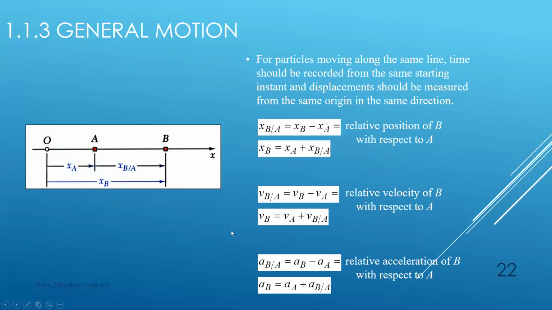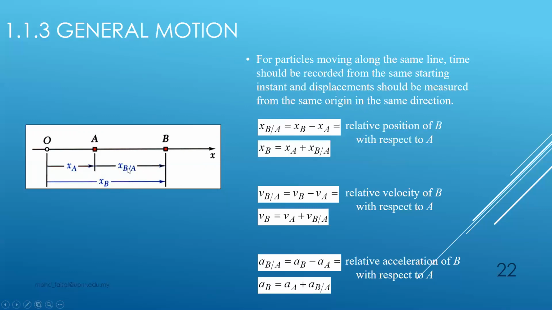For particles moving along the same line, time should be recorded from the same starting instant, and displacement should be measured from the same origin in the same direction. Referring to this on the left, where you start at point O, then move to point A, and then point B. The red dot here represents the particle that moves from point O to point A, where we have XA, and then from point A to point B, we have XB/A.